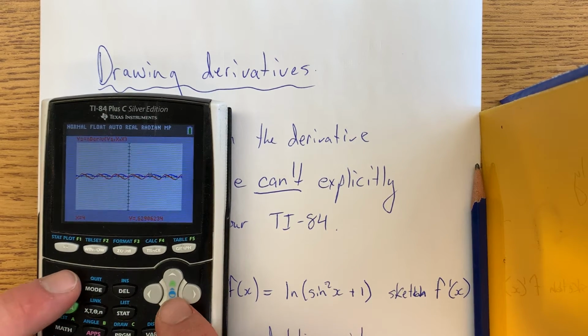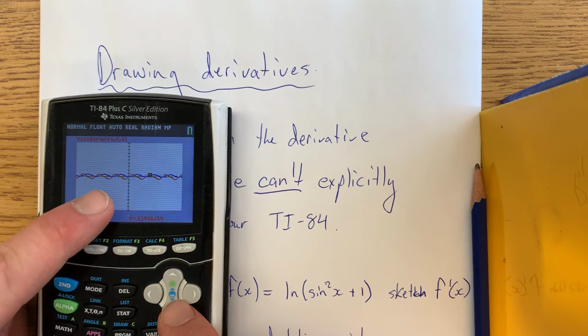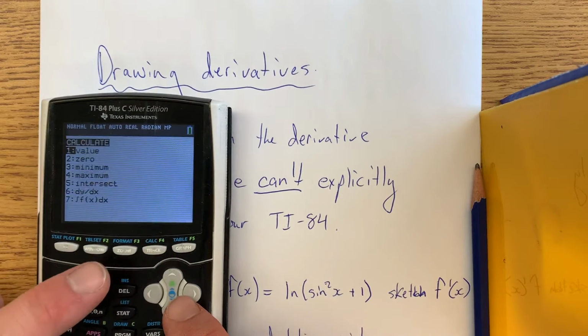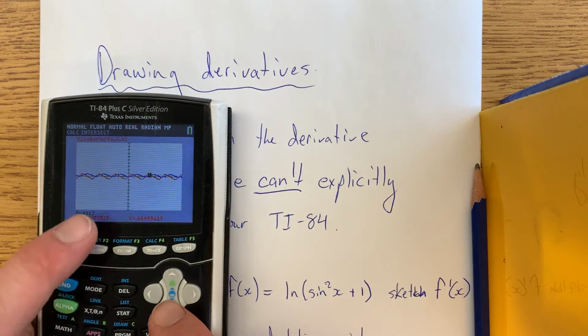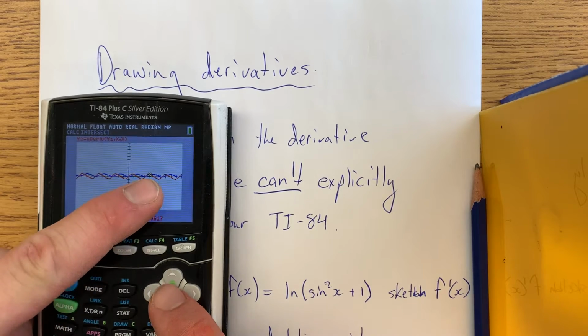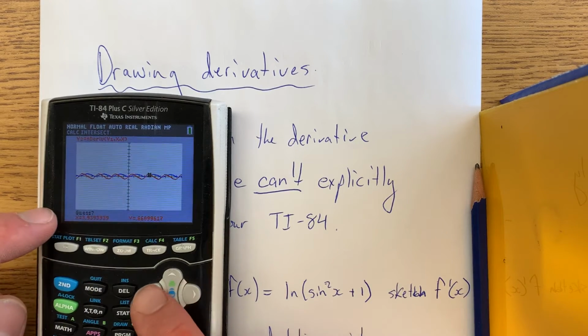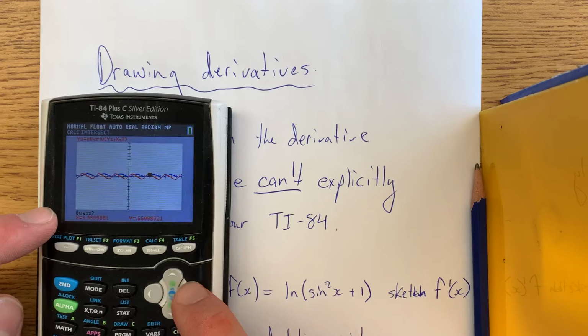I can also find the intersection point between the derivative and the function itself. So I could go second function calc, and I could choose to intersect. So I'll choose graph 1 as being the blue one, and I'll choose graph 2 as being the red one. And it's asking me for a guess because there's many intersections. So let's just figure out what this closest intersection is. We'll move closer to where we think it occurs. Or we could just type a guess.